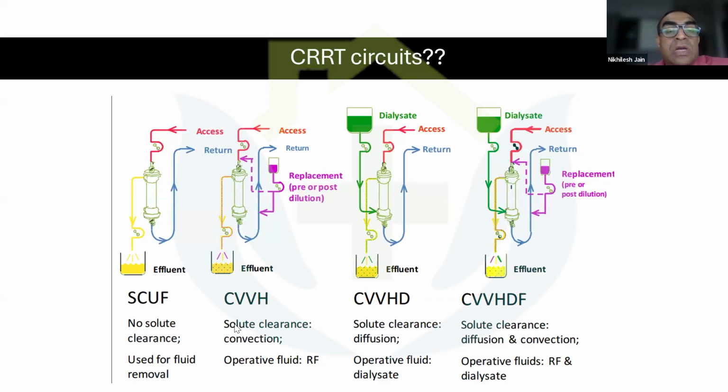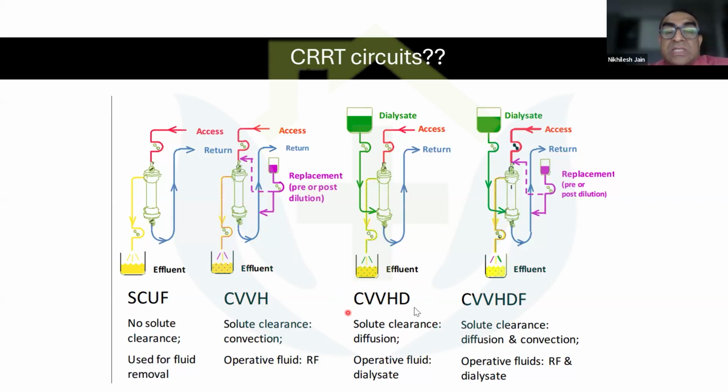CVVH, where it is used for solute clearance, convection is the method. And if you look at it, I'll try to use the pointer here again. Here, we are talking about replacement fluid. This is your replacement fluid. It can be given either pre-dilution or post-dilution. And this is what the effluent comes through.